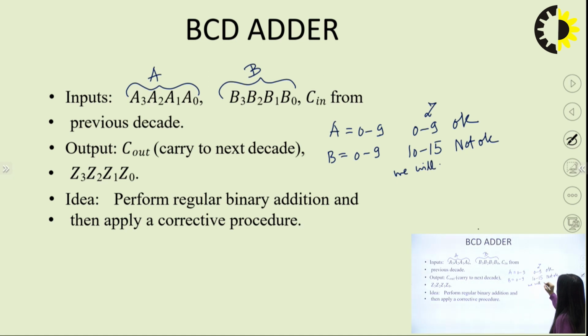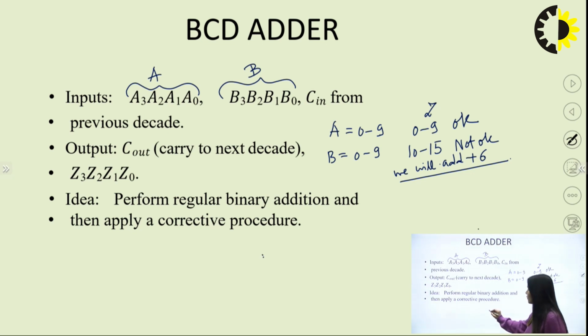we will add plus 6. We will add plus 6, right? Okay. So in this case we are not applying the corrective action, but when the result comes out to be 10 to 15, see the maximum and the minimum values which can come.